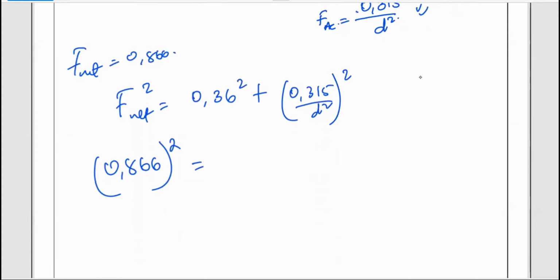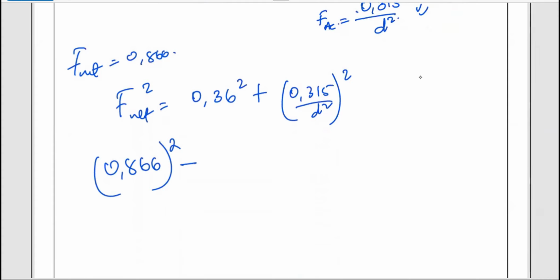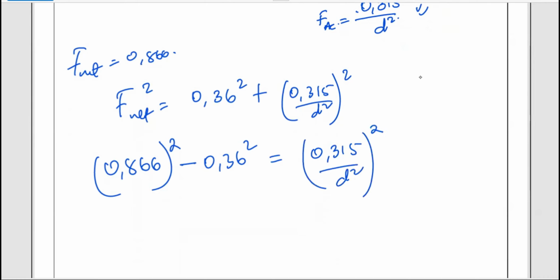Why don't I just subtract once so that we save time? So 0.866 squared minus 0.36 squared must give us the 0.315 over d squared, all squared. So for me to get rid of this square, I need to find square roots on either side. Let's punch that and see.